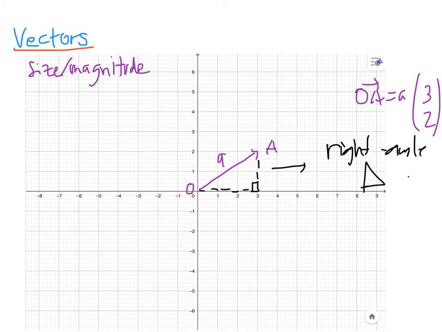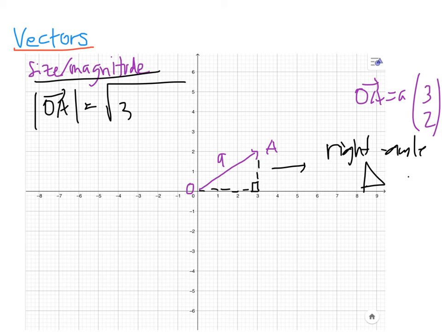So finding the magnitude of, in this case, OA, the way we represent magnitude is using the absolute value, which equals the Pythagoras, in this case 3 squared plus 2 squared. So we get the root of 13.